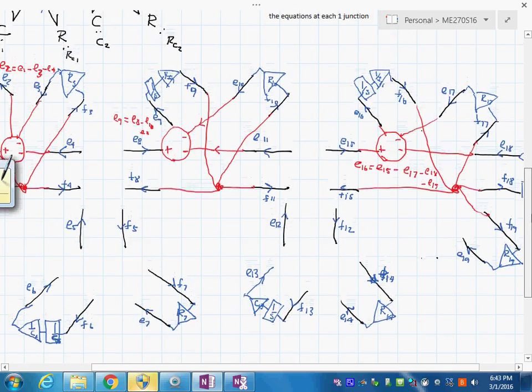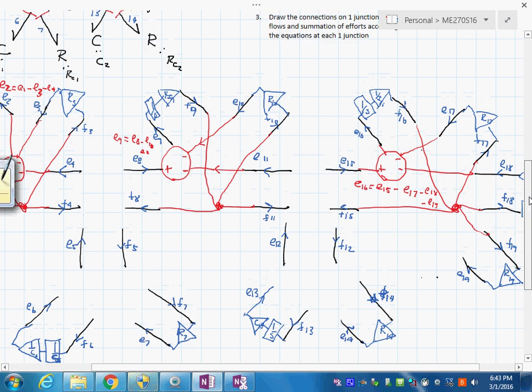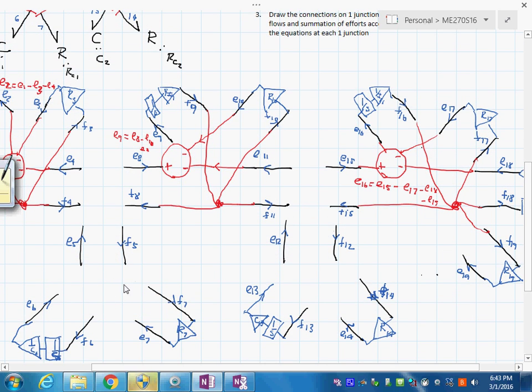Again, you say summation of flows according to the equations, to the 0 junction equations like this.